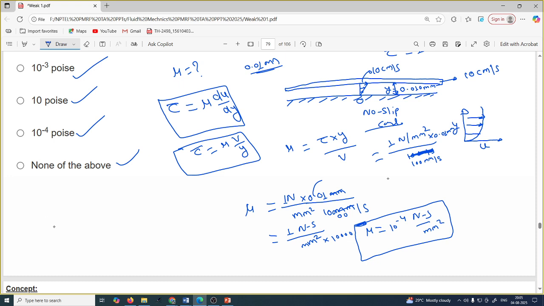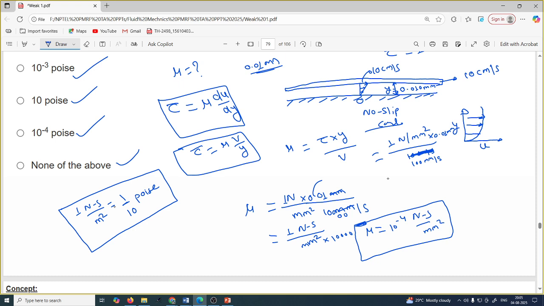So remember the relation between them. 1 Newton second per meter square is equal to 1 by... whether I am writing it correctly, this is not correct.